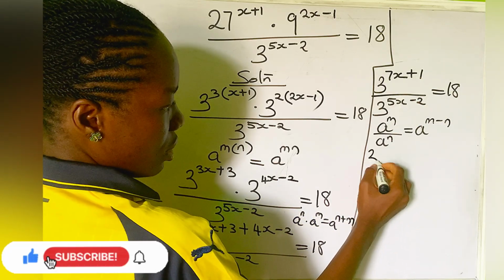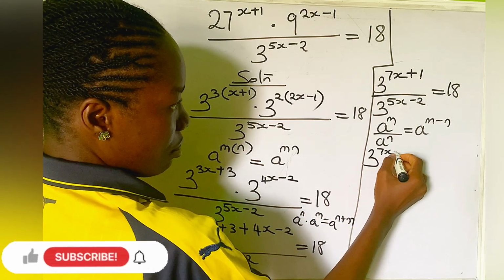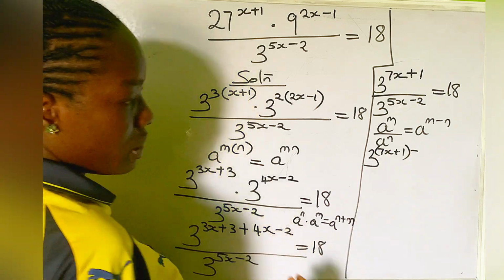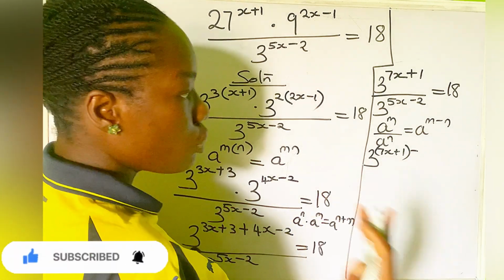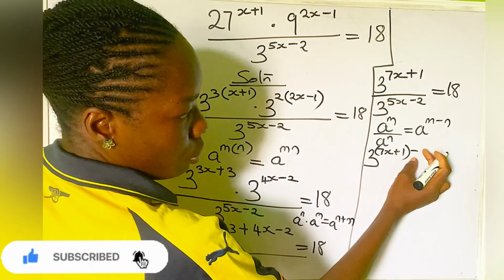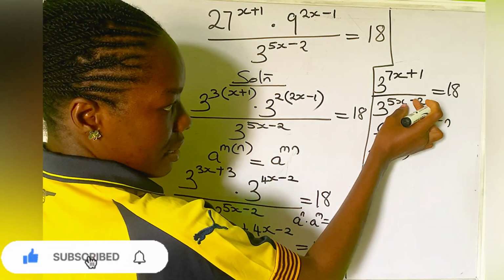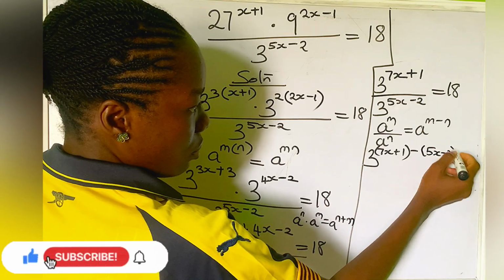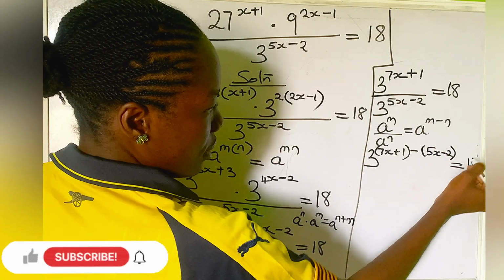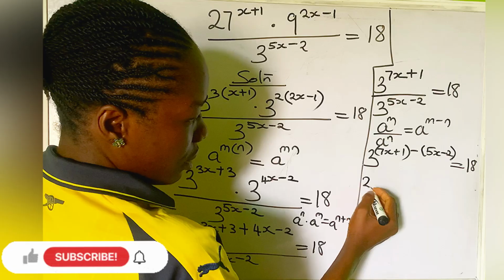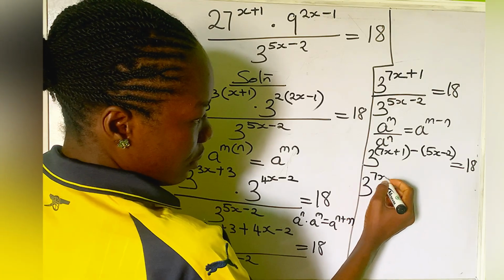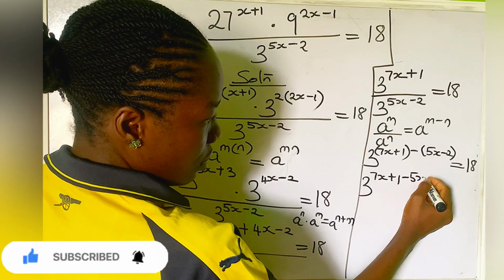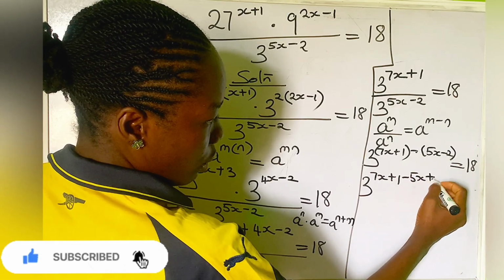So this becomes 3 to the power of 7x plus 1, minus, and because we are subtracting, I'm going to put it in bracket, because you don't know if this subtraction is going to affect the signs here in any way, 5x minus 2, is equal to 18. Okay, so now it's 3 to the power of 7x plus 1 minus 5x, and minus minus 2 is going to give us plus 2.